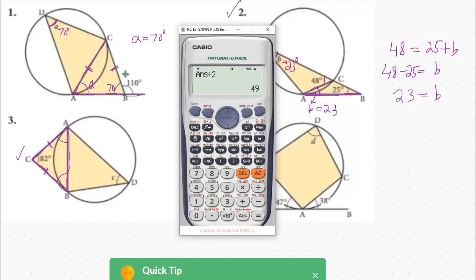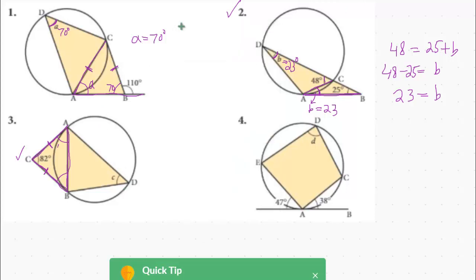So each angle is 49 here. So this angle 49 will be equal to this angle C. So the angle C is 49.